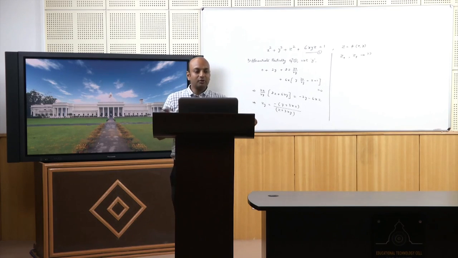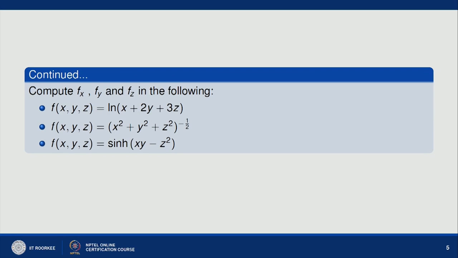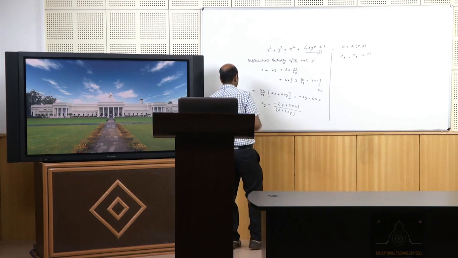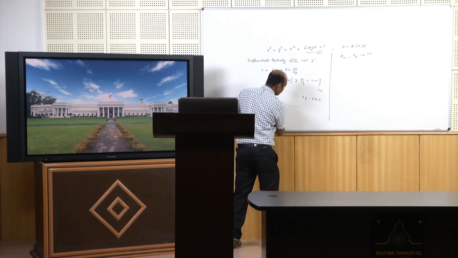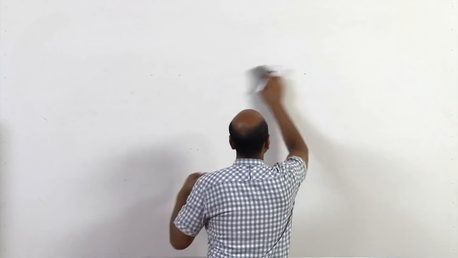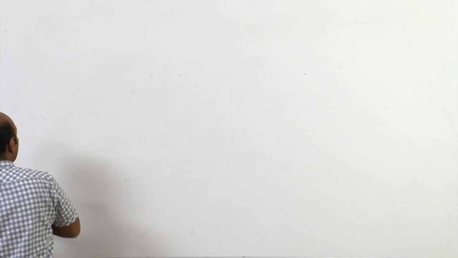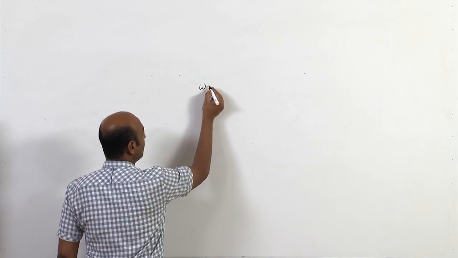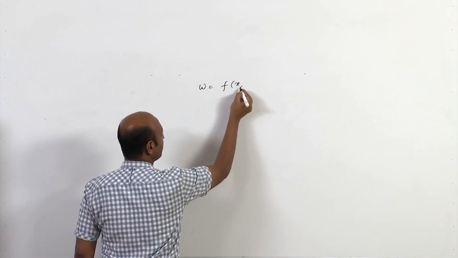Now, we will solve some more problems where f is a function of 3 variables. The same definition will be applicable for 3 variables also. If we have a function of 3 variables, suppose you have w equal to f of x, y, z.